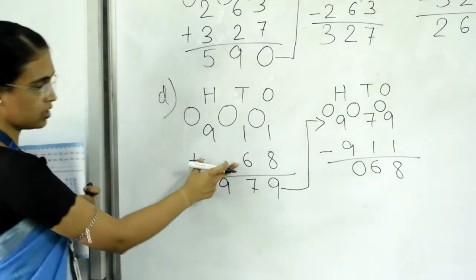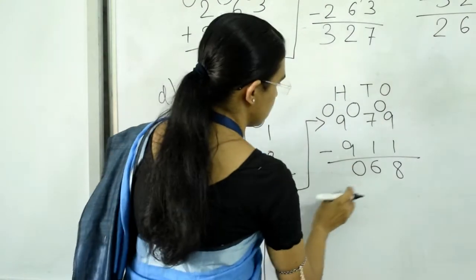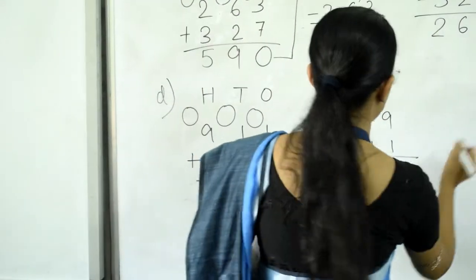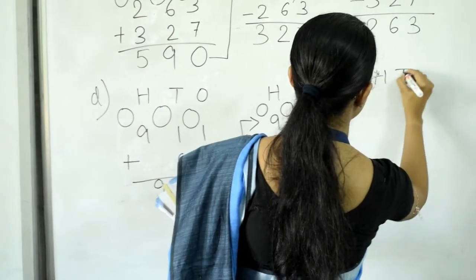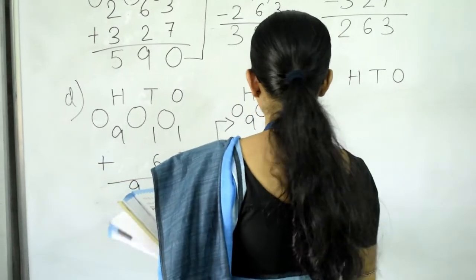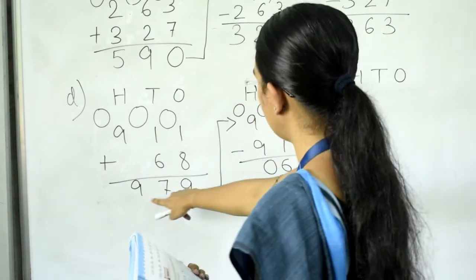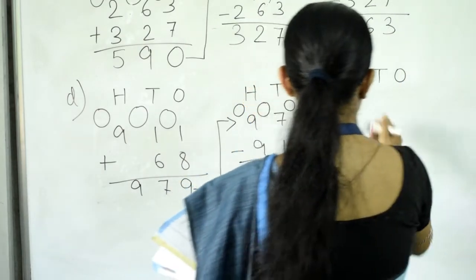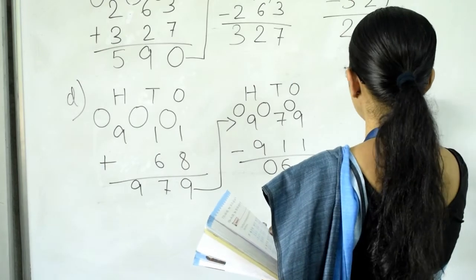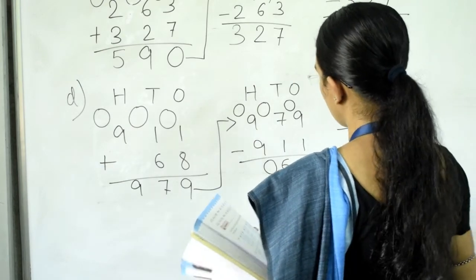Is it here? Yes. So after this, we have to do another subtraction to check another number. So for that, again you have to write this number here, 979, then use the subtraction sign.